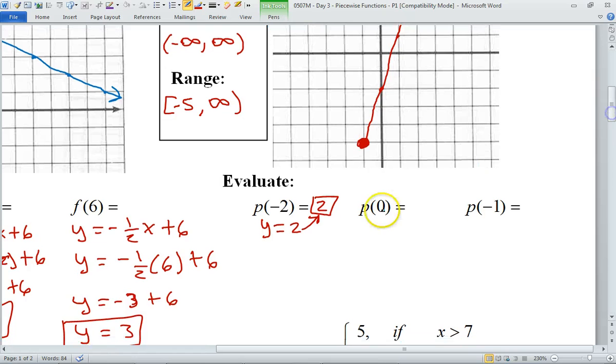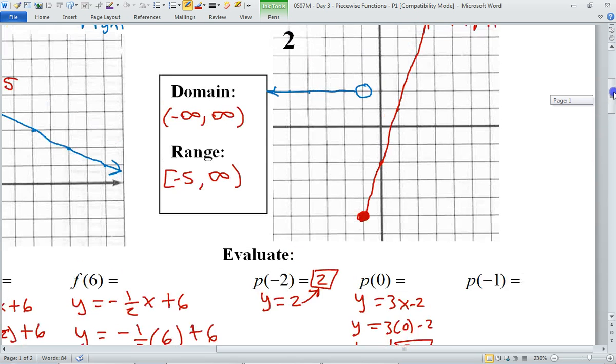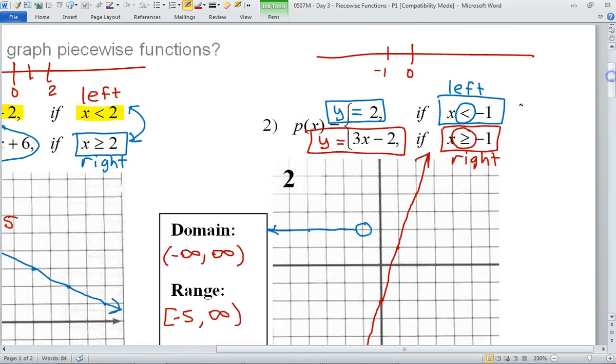So that's why for this one I would use the bottom equation, because 0 is bigger. So 3x minus 2 is what I'm going to use. So this becomes 3 times 0 minus 2. So that's just negative 2. Okay? And then negative 1 itself. Well, negative 1 equals negative 1.